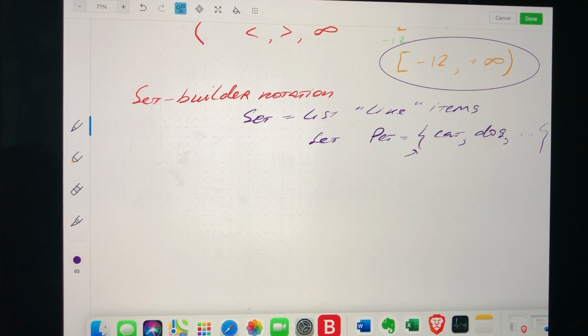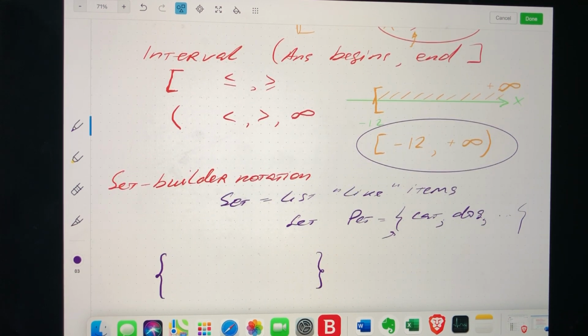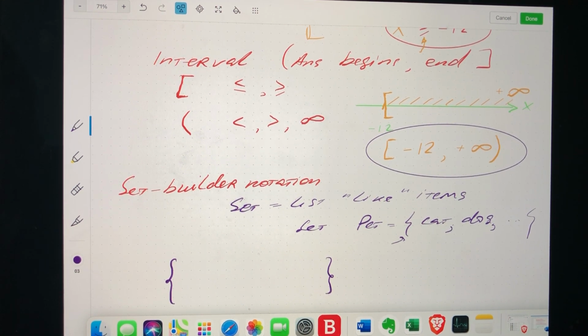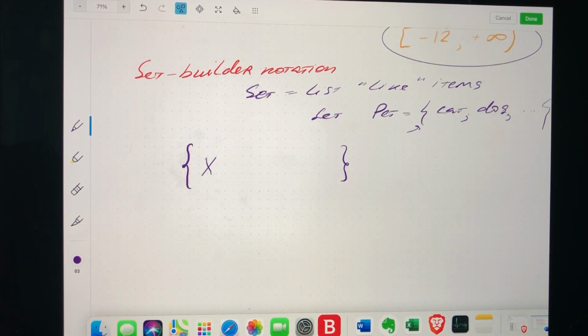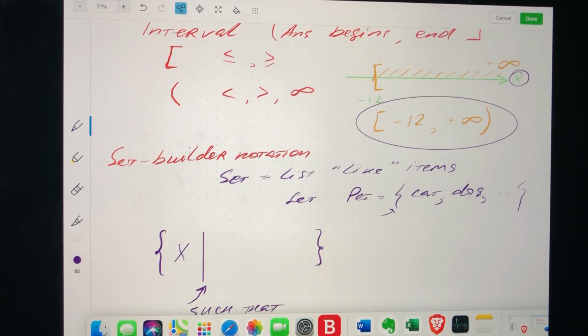And the set builder involves curly parentheses, and then there is the variable that we used. The unknown was x. So the x, then the vertical line, which is interpreted as such that, and then the condition which has to be met for it to work.